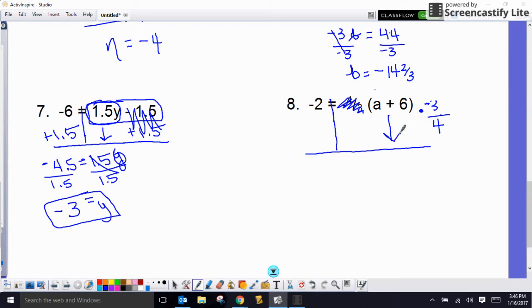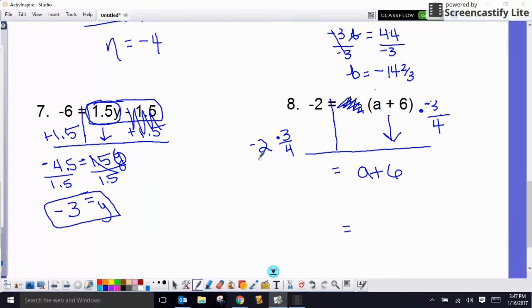So the only thing I'm bringing down is a plus 6. Okay, so if I multiply by 3/4 here, I'm multiplying by 3/4 on this side and bringing down my -2. So -2 times 3/4, bring down my equal sign.